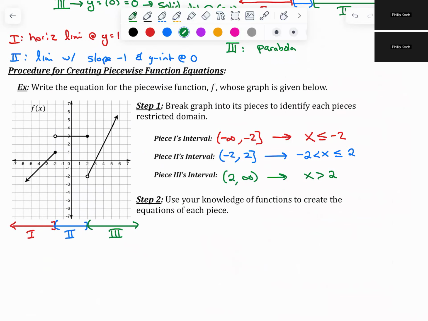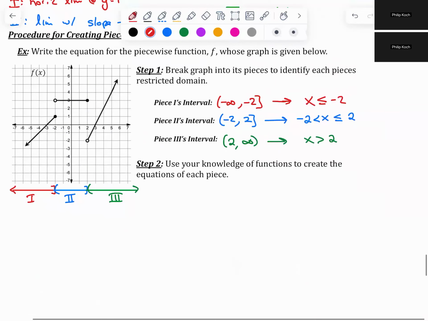Okay. Then step 2, now that we've identified the restrictions, now we can just identify the function pieces. So use your knowledge of functions, all the functions that we know and love, to create the equations for each piece. So, piece 1, it's a line with slope 1, right?